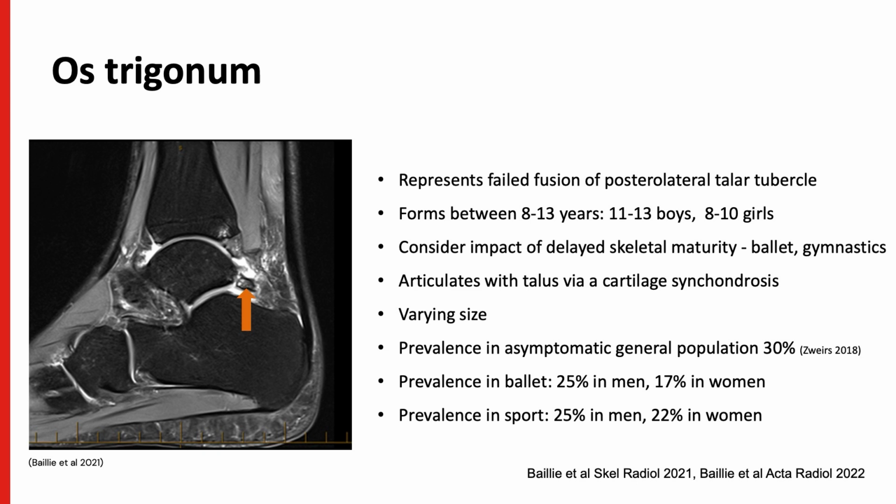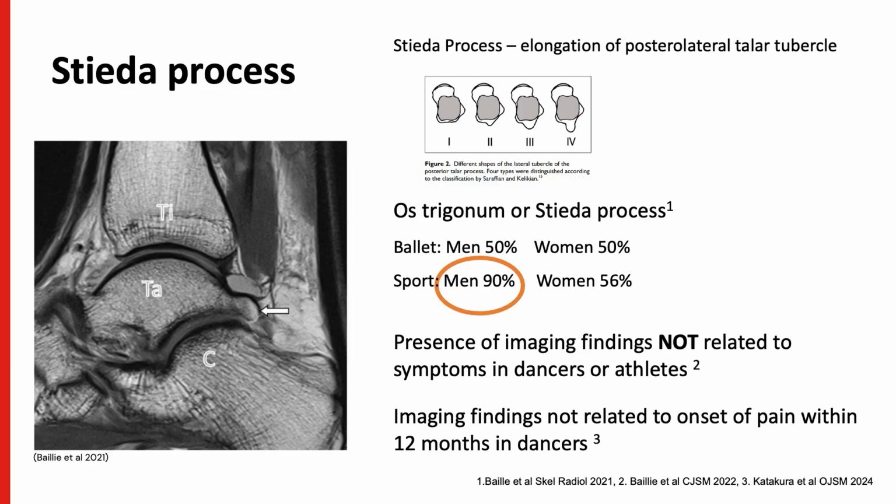So we've done a study with dancers and fast bowlers of their front leg, which often is painful, and really found that there's quite a high prevalence of one of these os trigonums. But also we looked at the Stieda's process, which is an elongation. So both of those would cause impingement. And what we found was the male athletes had a 90% chance of having one or the other.